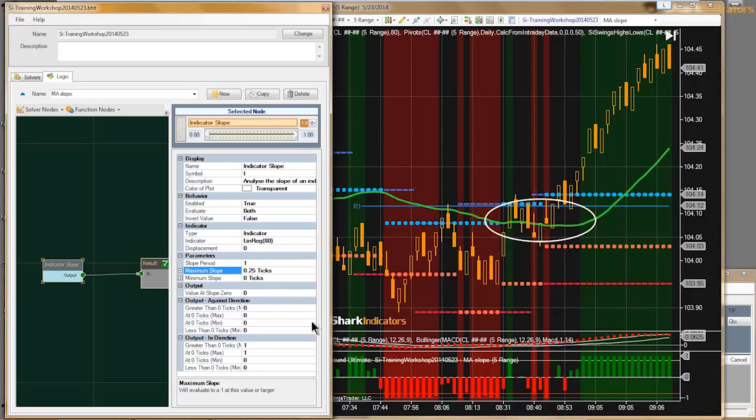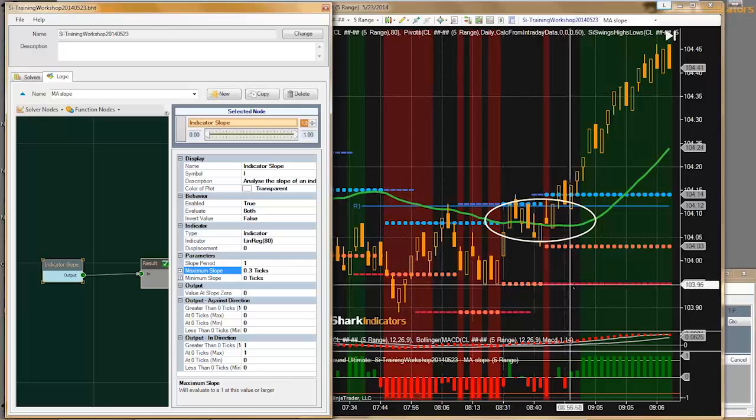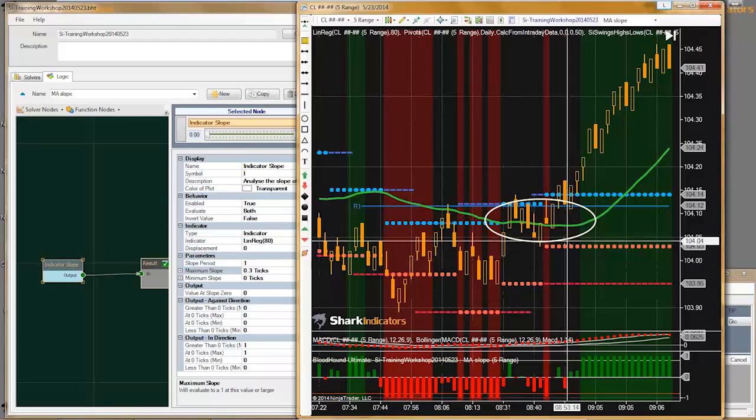And there we go, that's a little better. Let's try even a little less. Oh, actually, let me try a little more. Sorry, 0.3 ticks. There we go. So that helped eliminate these flat areas here.